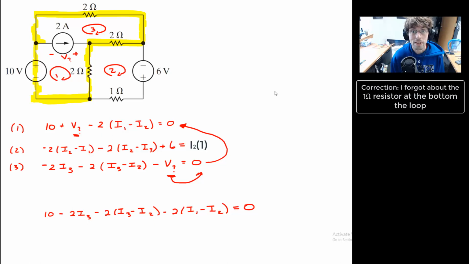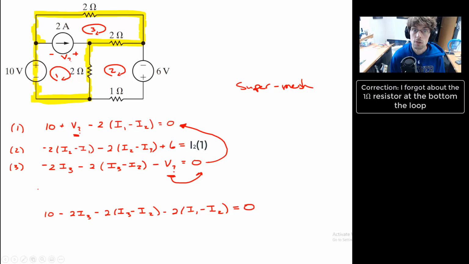So it's almost like I could have just completely ignored that current supply, if you will. Right? I kind of skipped over that, pretended that those two meshes, 1 and 3, were combined. Okay. This is what we call a super mesh.